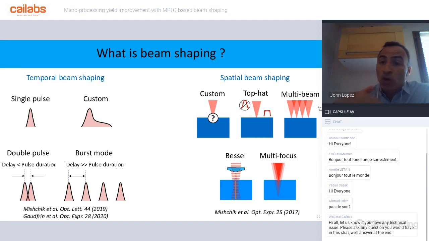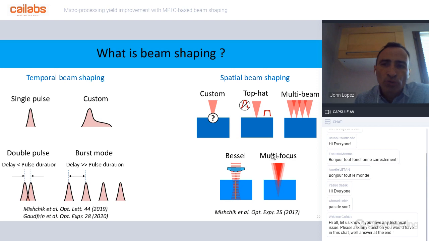You can also divide the beam, do a line of beams, as will be presented later on, or use a matrix 4x4, for instance. If you are processing dielectric materials, you can change the pulse intensity profile and turn it into very dedicated tailored beams. For instance, if you use an Axicon or SLM, you can produce a Bessel beam. The Bessel beam is, in fact, the zero order of the interference pattern produced by a conical beam.